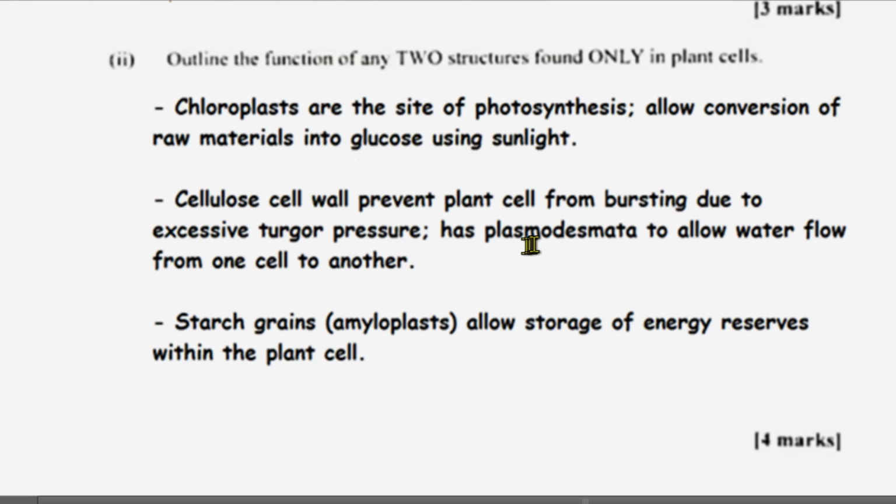It has plasmodesmata, which have little gaps to allow water flow from one cell to another. You'll learn a little more about that in Unit 2 through what they call the symplast and the apoplast pathways. Lastly, starch grains are found only in plant cells, and these are energy reserves, but animals don't contain starch. They have glycogen granules.